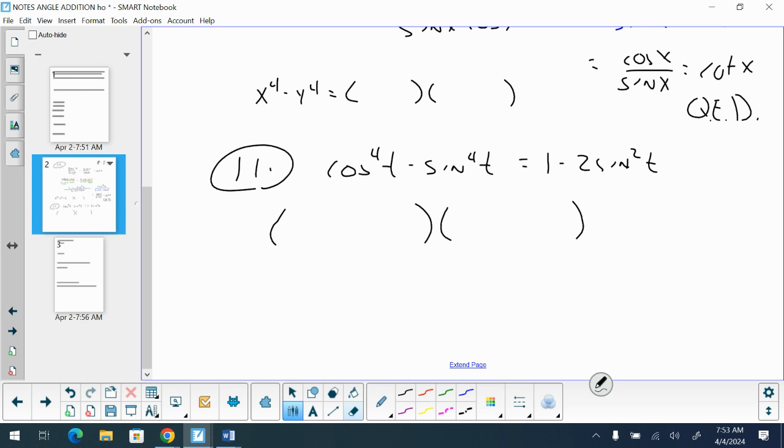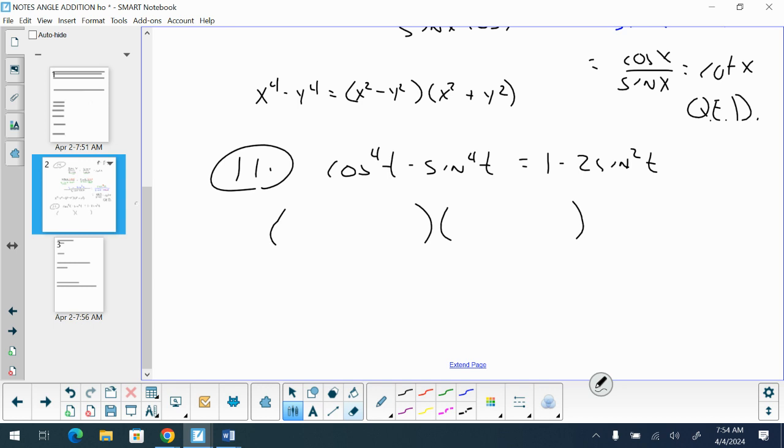X to the fourth minus y to the fourth. We've done this factoring already, but if you need to, redo it. What would that factor to if I had x to the fourth minus y to the fourth? What are our two factors, Chloe? Okay, that's our difference of perfect squares.